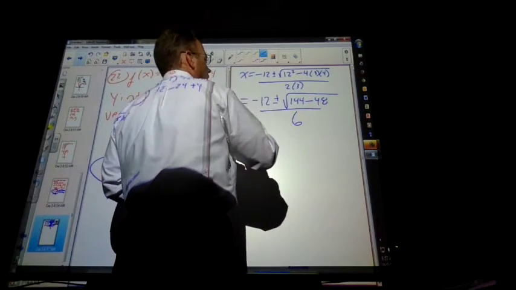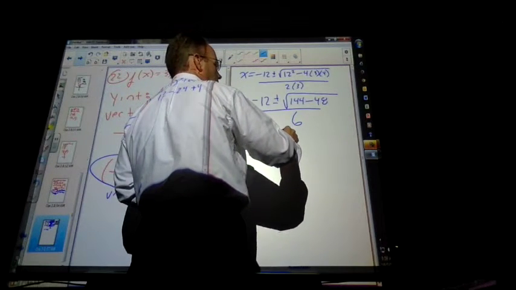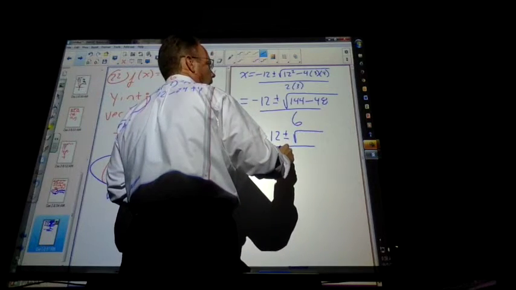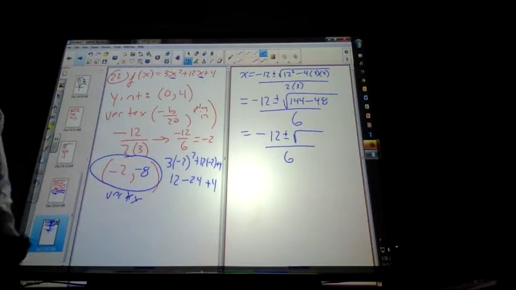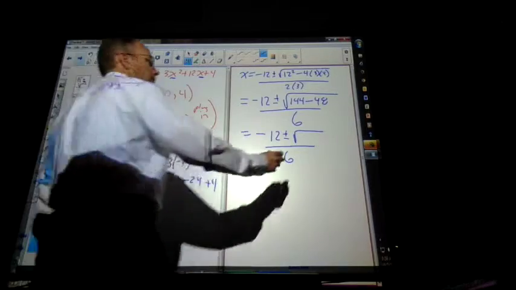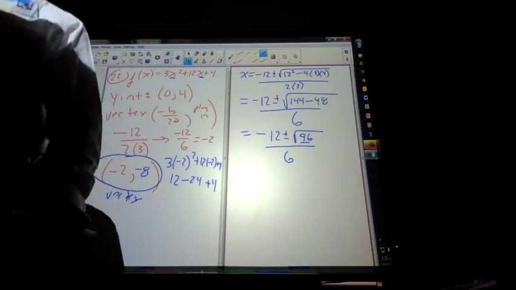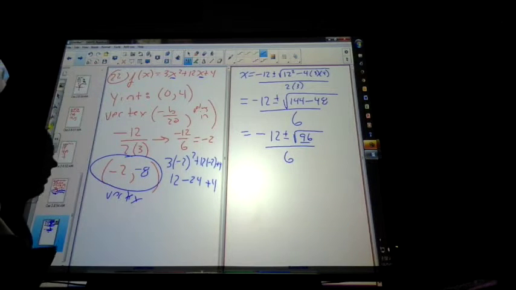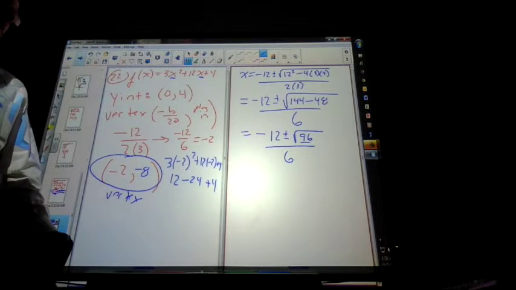All over 6. What's 144 minus 48? 96? Okay. Check to see if we can write 96 down. Do any perfect squares go into 96? There might be, with some left over. 4 does.